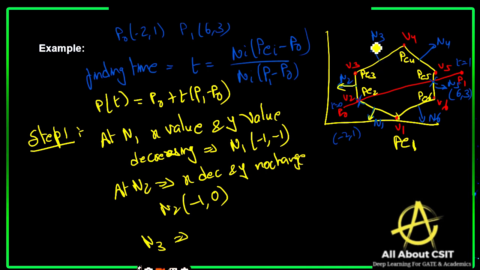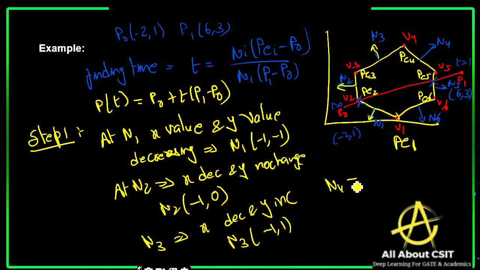So here x is decreasing, leftwards, and y is increasing. So n3 is equal to -1 comma 1.